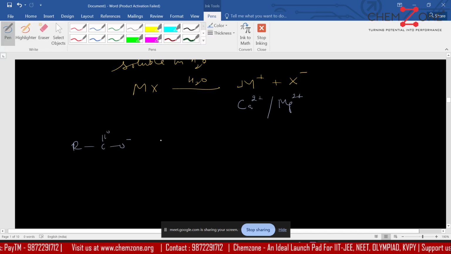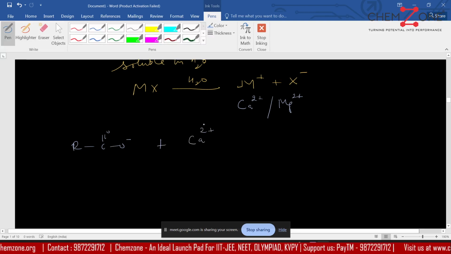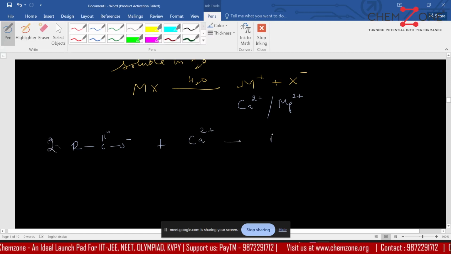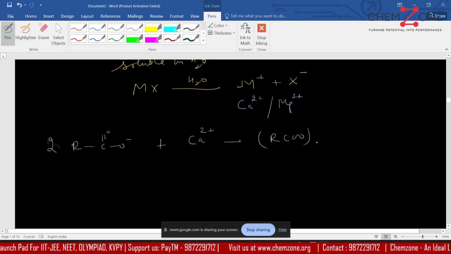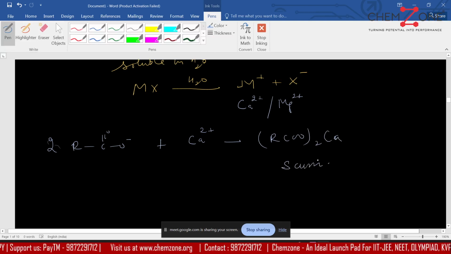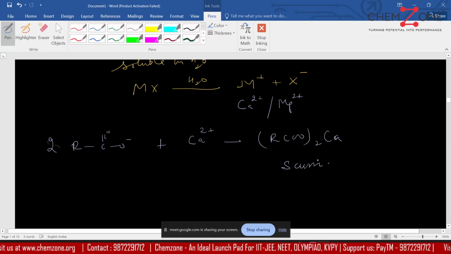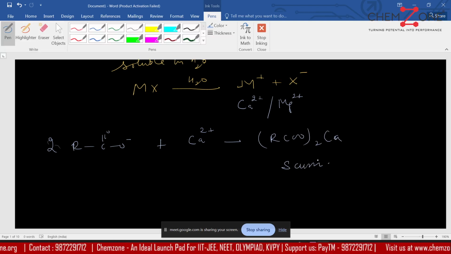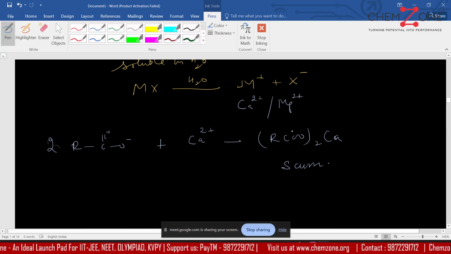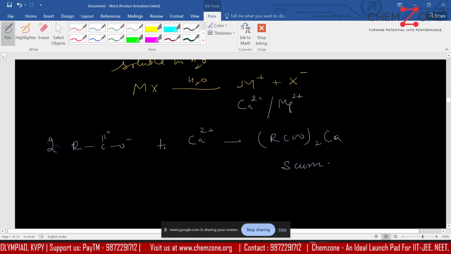But if these calcium ions or magnesium ions are present in the solution, they will combine with the soap molecule and form scum. It means the concentration of the soap molecule will not increase.